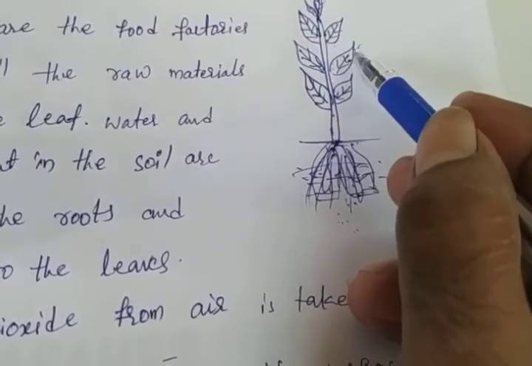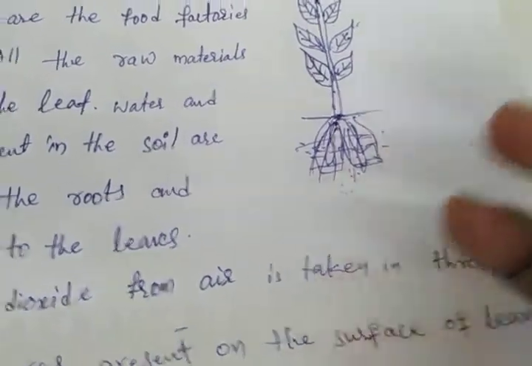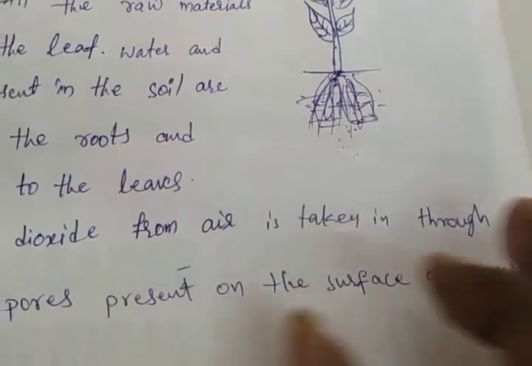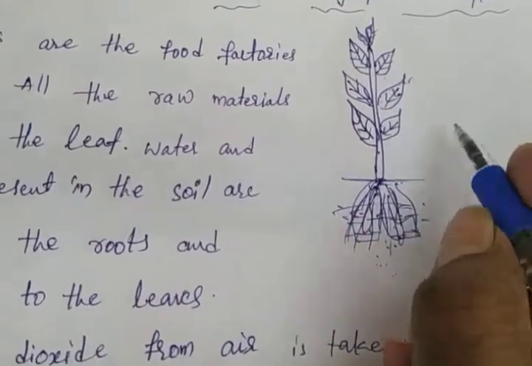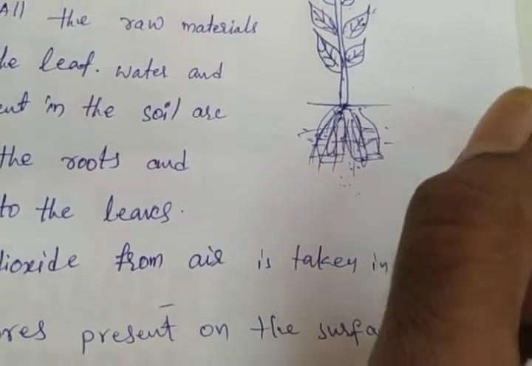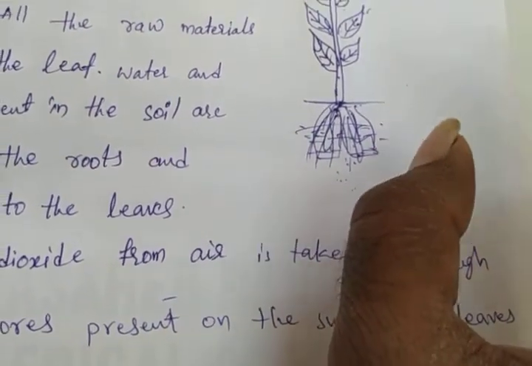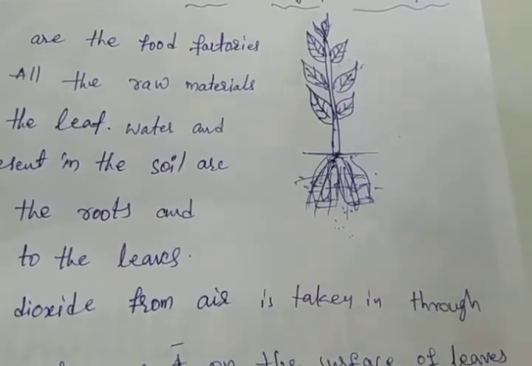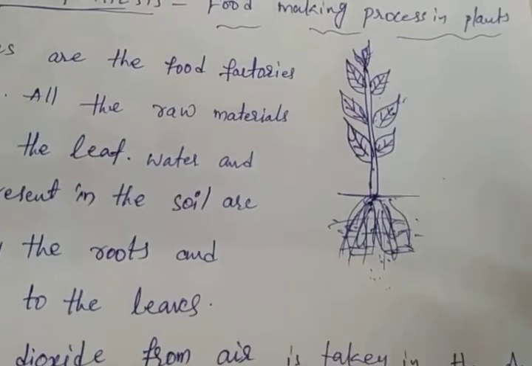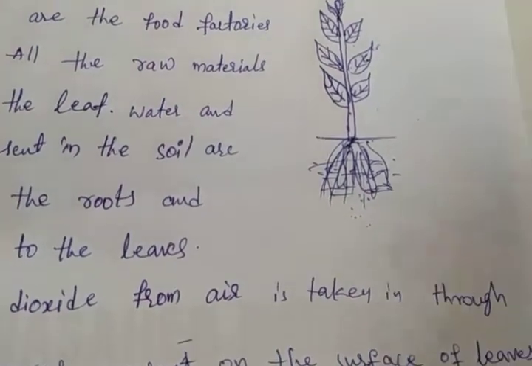From these pores only, carbon dioxide will be absorbed by the leaves from the air. If you observe any leaf carefully, small pores will be visible. From those small pores only, carbon dioxide will be absorbed by the plant.